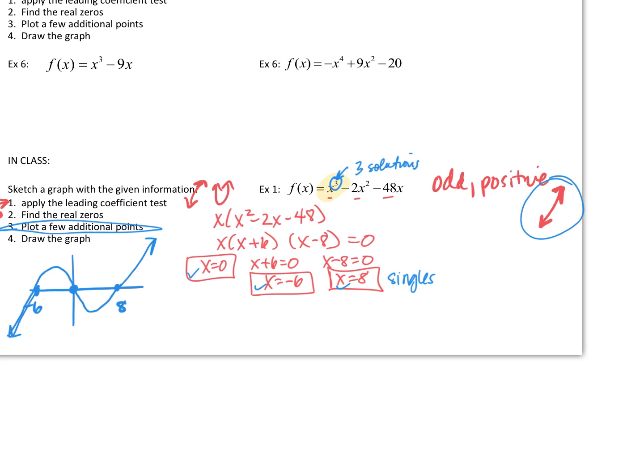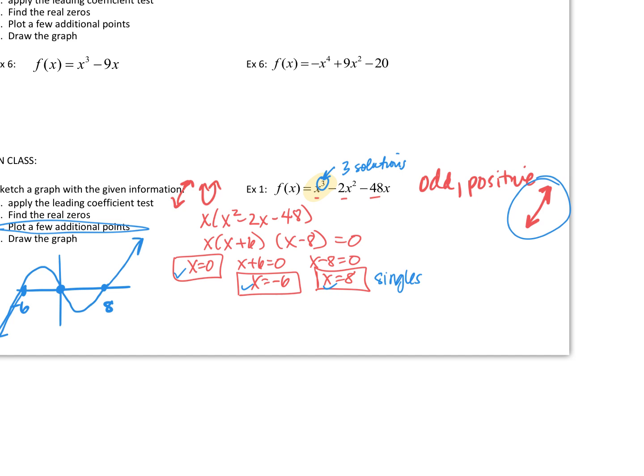That means what? These are the zeros that we found right here. This is the multiplicity. And this is the degree right here. So it's like I'm giving you pieces of the puzzle and you've got to work it backwards a little bit.